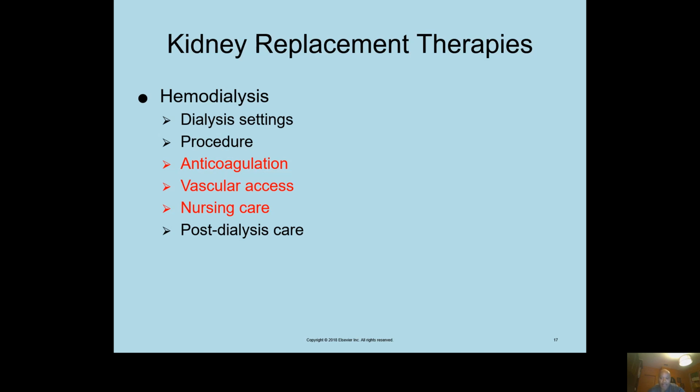Now, as the AV fistula matures, increased pressure of arterial blood flow into the veins causes vessel walls to thicken.